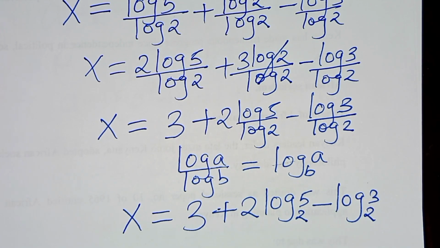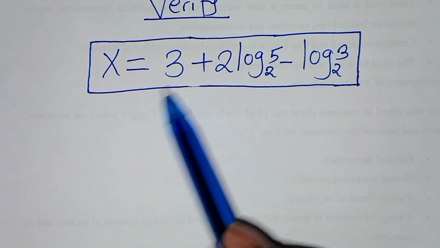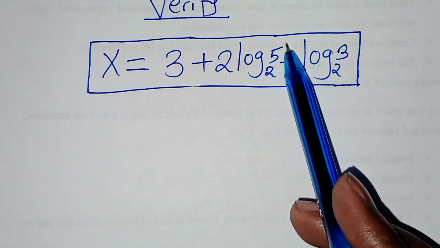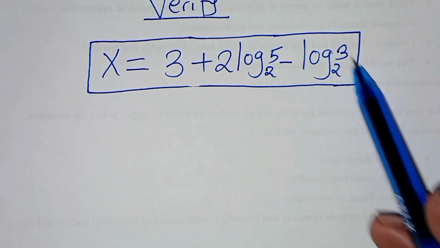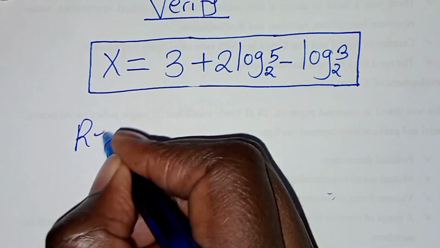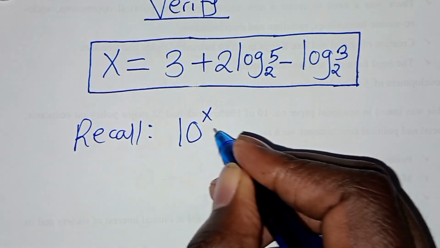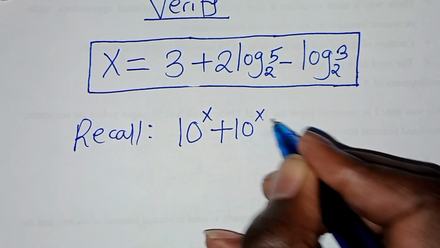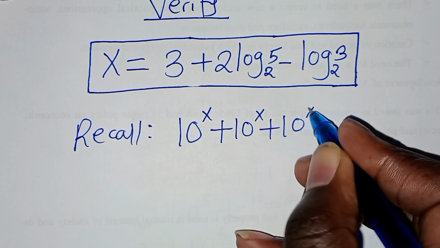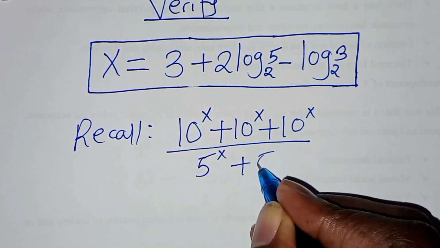So let's verify that this value of x actually satisfies the equation by following these steps. Now let's verify that this value of x, which is 3 plus 2 log 5 to base 2 subtract log 3 to base 2, actually satisfies the equation. Now if you recall here, we have 10 to power x plus 10 to power x plus 10 to power x divided by 5 to power x plus 5 to power x.